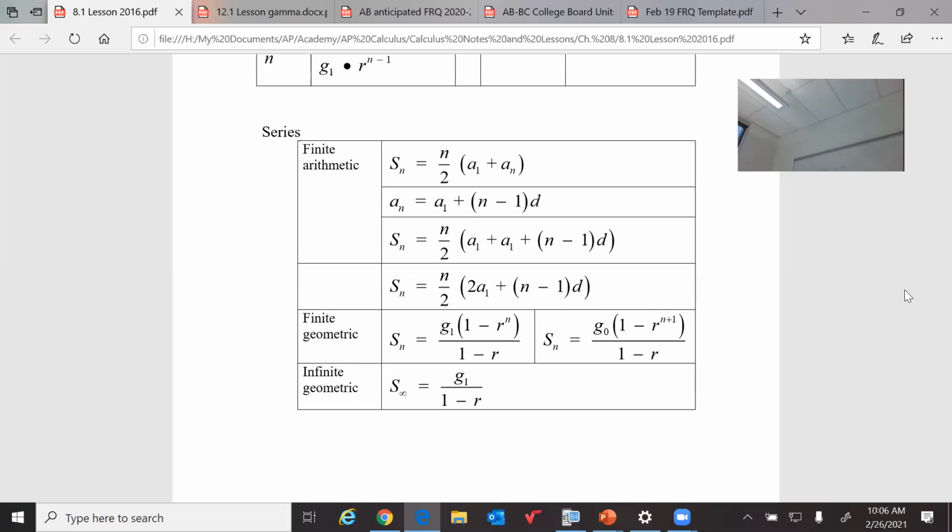That's where this algorithm is coming from. Because now you divide both sides by 1 take away r, and you get the expansion. Okay? That is if it is geometric.